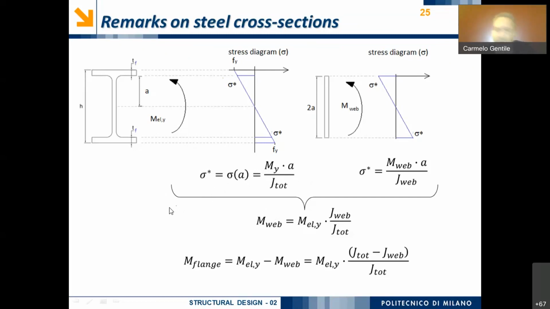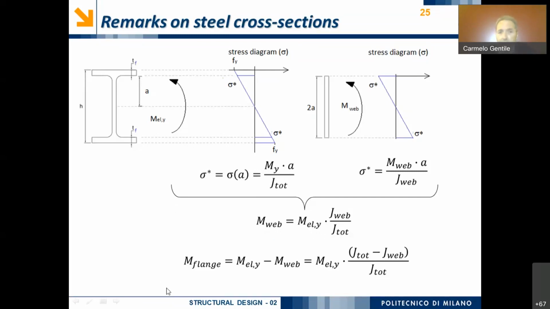We have demonstrated, we have verified that, for example, if I want to evaluate the part of the yielding bending moment carried by the web, this part is equal to the yielding bending moment times the ratio between the inertia moment only of the web over the overall inertia moment, okay?